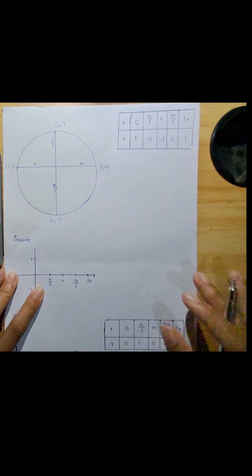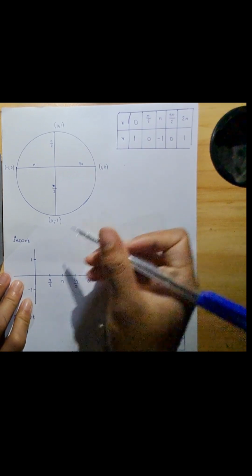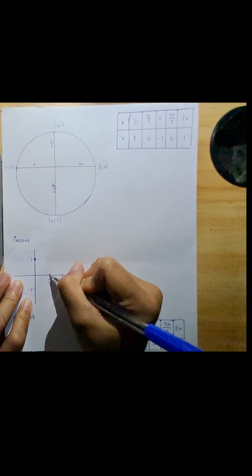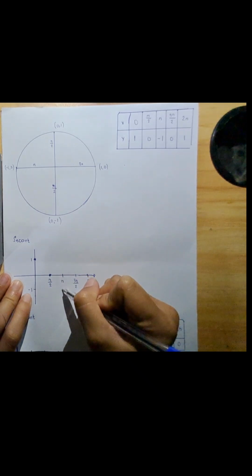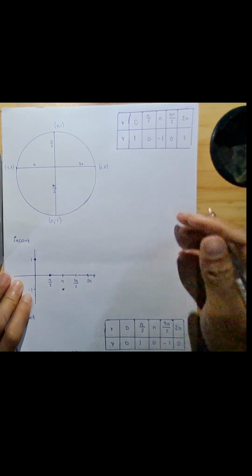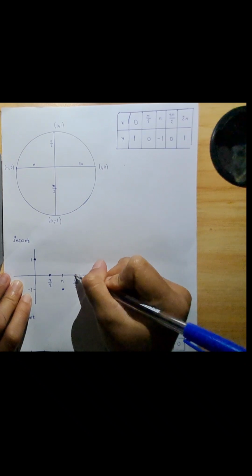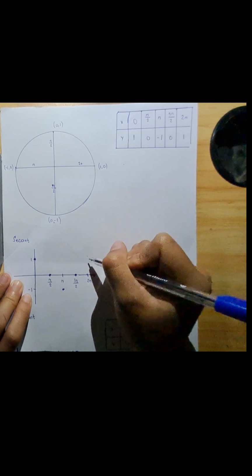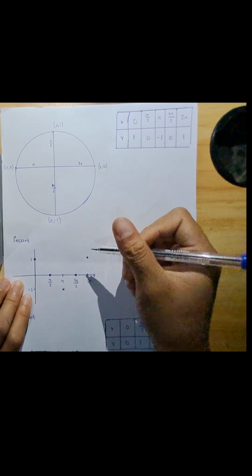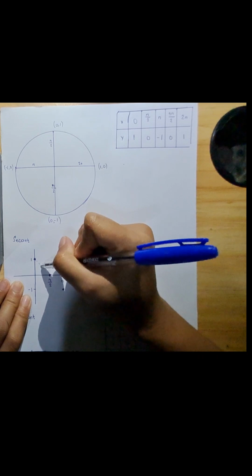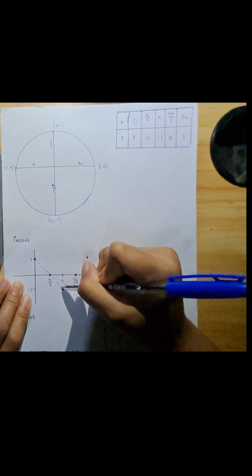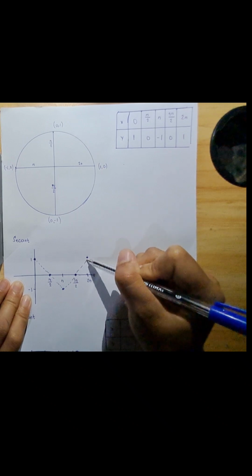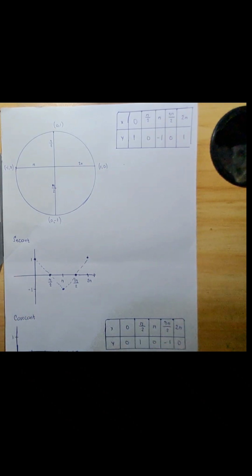So the points start from 1 to 0, negative 1 here, and 0, and the 2 pi is 1, so back here. So this would go from here to here, down right here, and up. So this one is the secant.